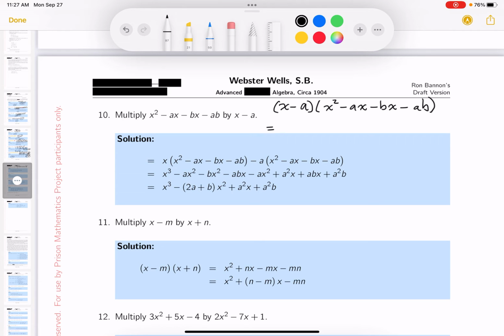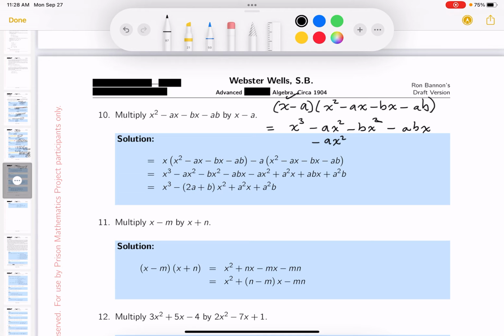Let's multiply it out. You're going to get x cubed. I'm distributing the x across the 4 terms. Minus ax squared minus bx squared minus, that's a square by the way, sorry about that, abx. Right, this is done. Let's do the next one. What do you get? You would get minus ax squared. Let's see what you get next.